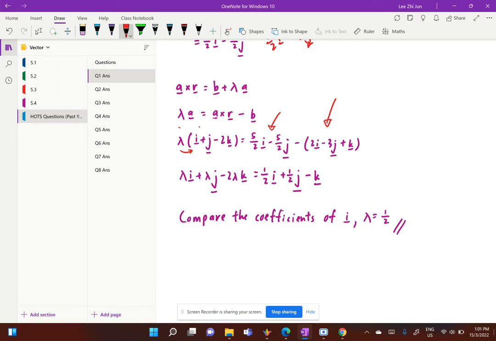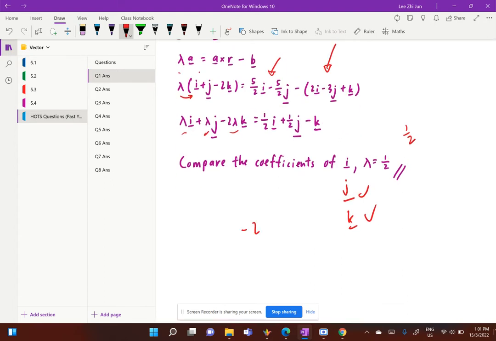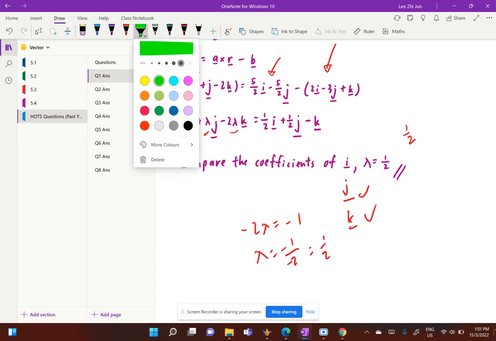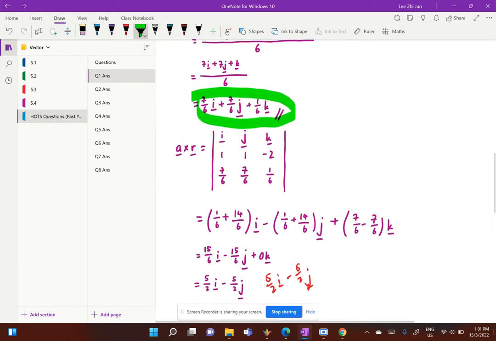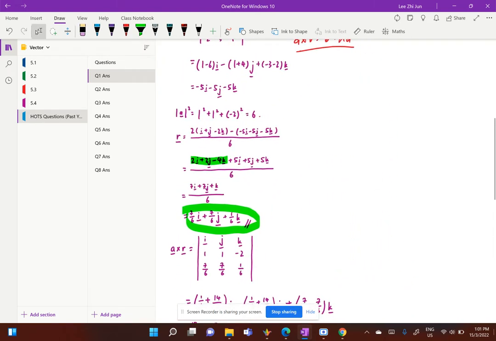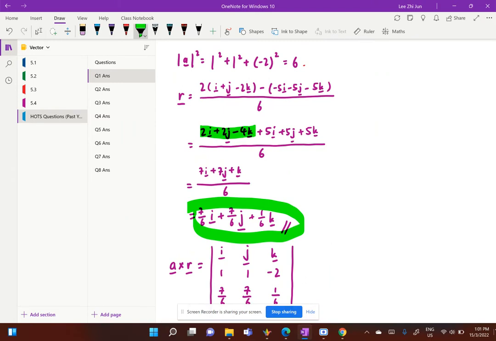Simply take the coefficient of i; j or k also can. The lambda is the same, which is 1 per 2. You see the k also: negative 2 lambda equals negative 1, so negative 1 divided by negative 2 equals 1 per 2. It's the same. So the scalar equals 1 per 2, and the vector R will be this.